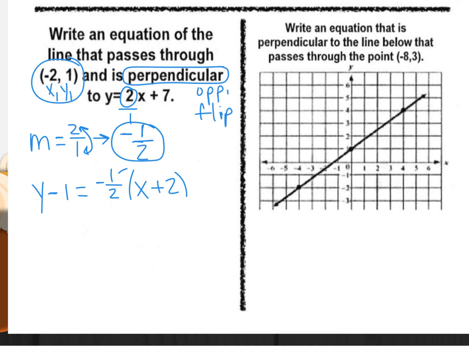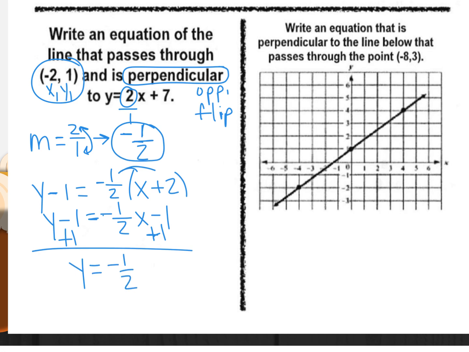So let's distribute. What is half of 2? Negative what? Negative 1. And then what do I do with my minus 1 over here? Oh, what happens when I add 1 to negative 1? Y equals negative 1/2 x. We could put plus 0, or we can leave it like that.